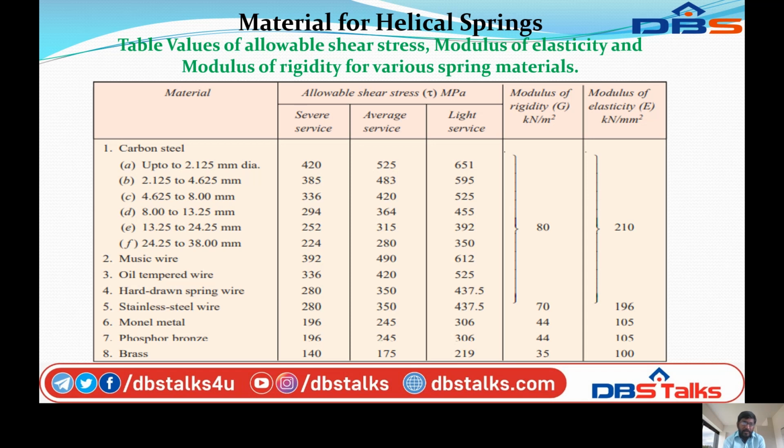Next in carbon steel is 2.125 to 4.625 mm diameter. The severe service allowable shear stress is 385, average service is 483, light service is 595, and the modulus of rigidity is 80, modulus of elasticity is 210.